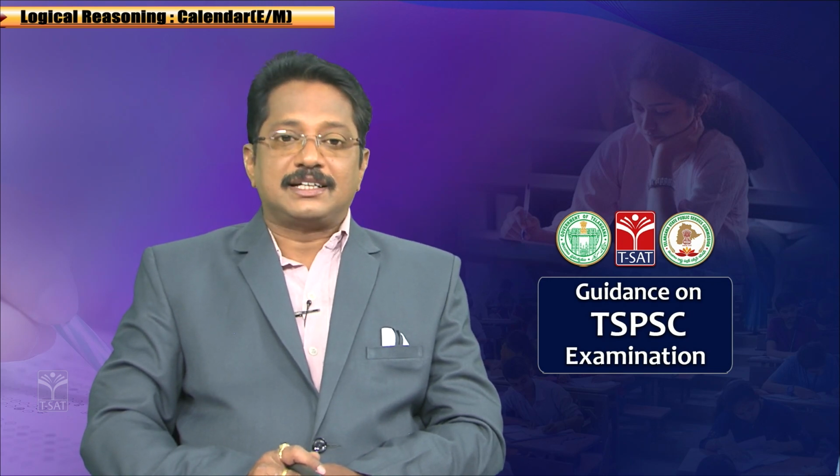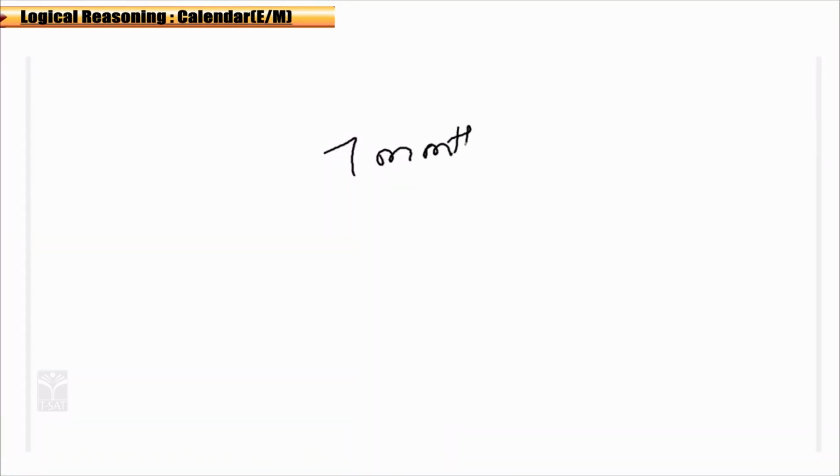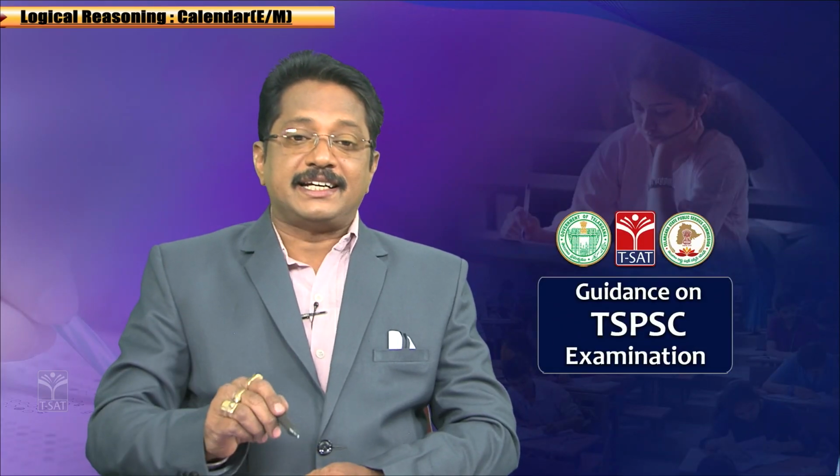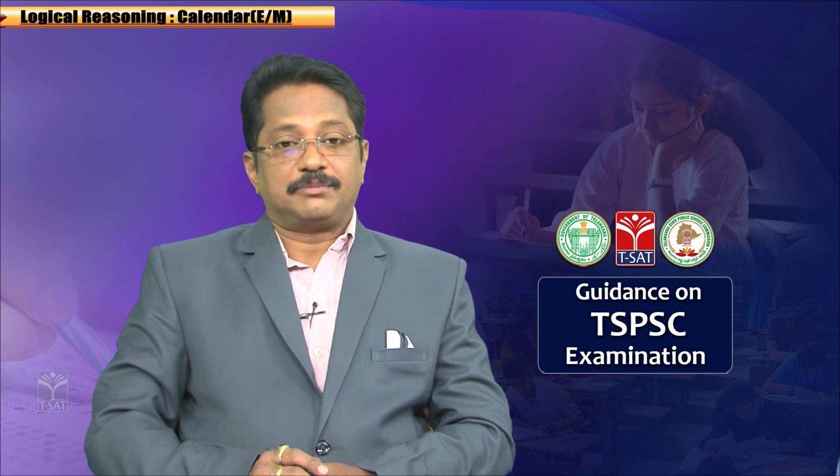And if you see, 7 months have 31 days each, 4 months have 30 days each, and 1 month has 28 days in an ordinary year. When it is a leap year, there are 29 days in that month. That is called February.